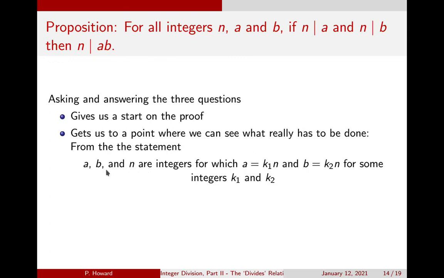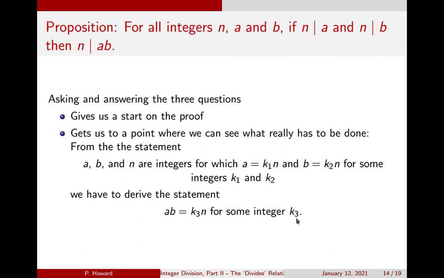In this case, from the assumptions, from the statement that a, b, and n are integers, and a is k1 times n and b is k2 times n for some integers k1 and k2, we have to derive the statement that a times b is k3 times n for some integer k3. So roughly speaking, from these two equations, a is k1 times n and b is k2 times n, we have to derive this equation, a times b is k3 times n. That's a slight oversimplification.